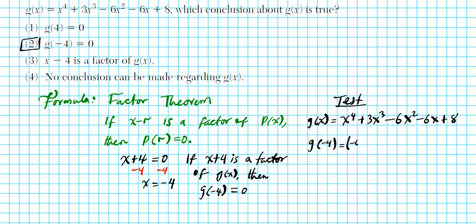You have negative 4 to the 4th plus 3 times negative 4 to the 3rd minus 6 times negative 4 squared minus 6 times negative 4 plus 8. You work it out with your calculator, you will end up with 0. And that basically shows that option 2 is the correct statement.